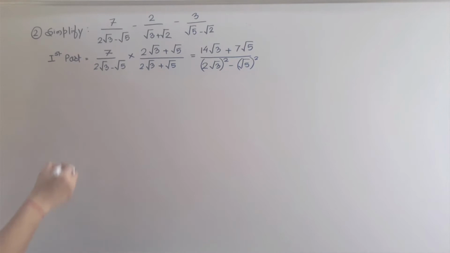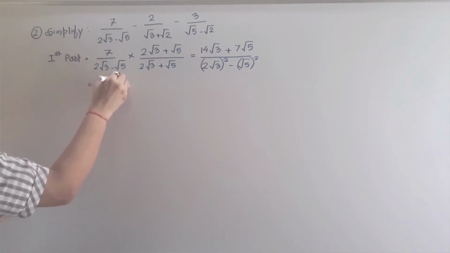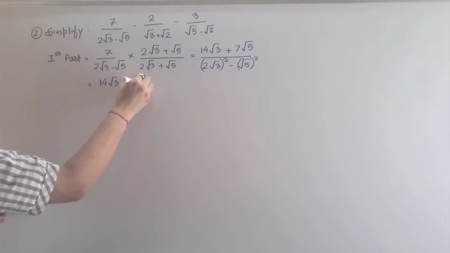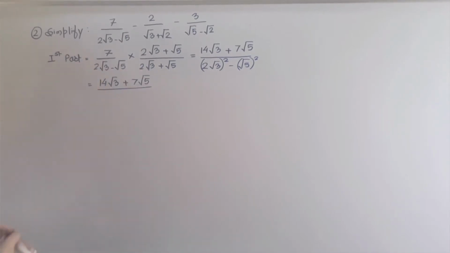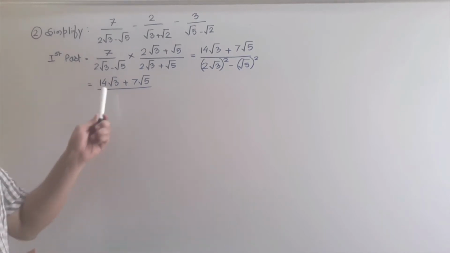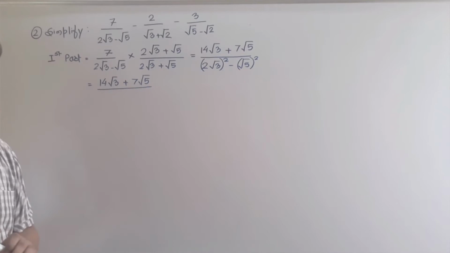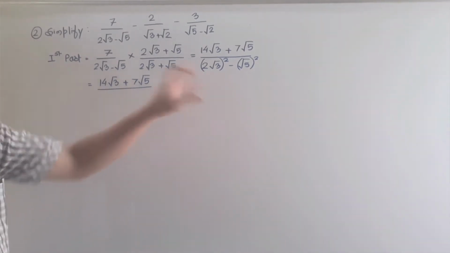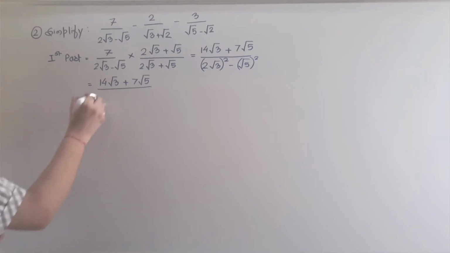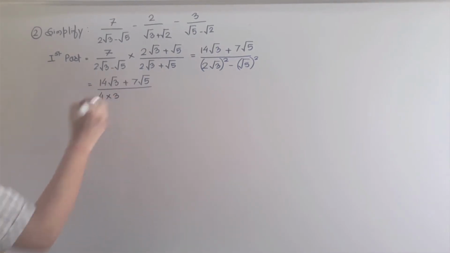Now let us simplify. So this will be 14 under root of 3 plus 7 under root of 5. That will be as it is, because we can't simplify that. Here root of 3 is coming and here root of 5 is coming. So that is not possible to simplify further. But the denominator we can simplify. What is the square of 2 here? Square of 2 will be equal to 4 into the square of root of 3, which will become 3.